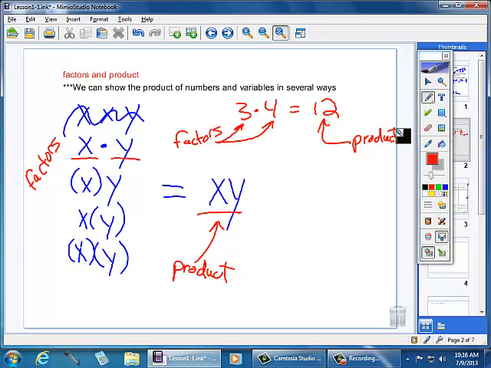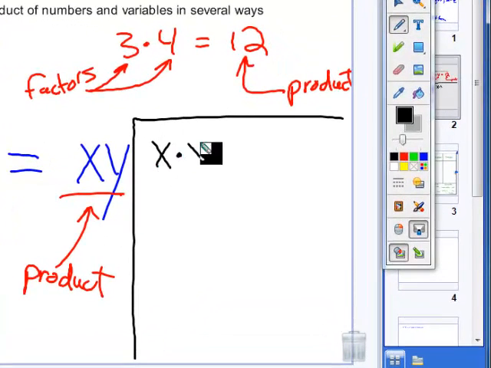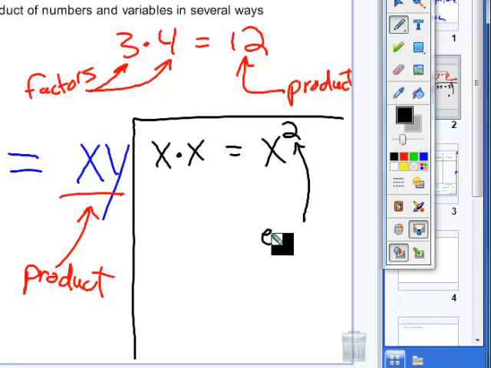Also, what if I have something like this? Here, let me change colors quick. Put a little box here. We're going to squeeze something in here. We also have power expressions. That occurs when we have something like x times x. What does that really equal? We'll find out later. It actually equals x squared. Where this number we know is often referred to as the power or the exponent. That's another vocab word.